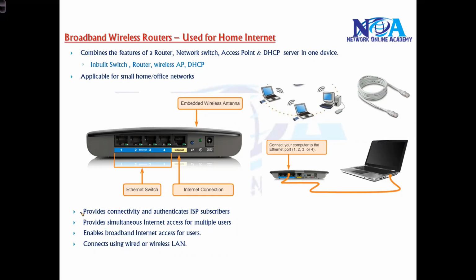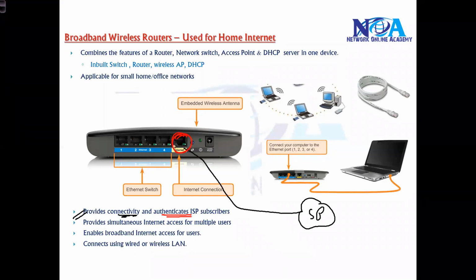So what this device will do, it will provide you the connectivity from the service provider and authenticate, because authentication is also done. Every time you connect to the internet, you will be prompted for username and password. So if you authenticate one time, it can share the connection between multiple users. So simultaneous internet access to multiple users is possible.